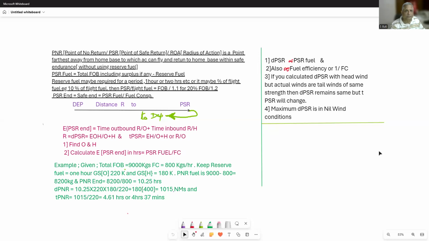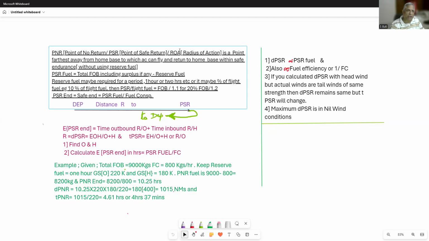Now, here in today's lesson, we will cover what is earlier known as a point of no return, and now it is called a point of safe return. It is also called radius of action, PNR, PSR, or ROA.